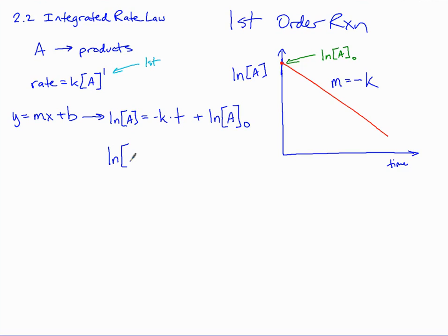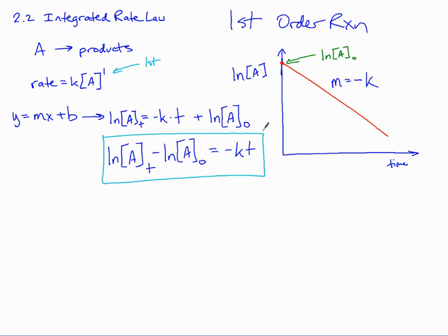So we have the natural log of the concentration of A at time t, minus the natural log of the concentration of A at time 0, equals negative kt. And so this is the formula that we use for a first order reaction. This one is a first order reaction.